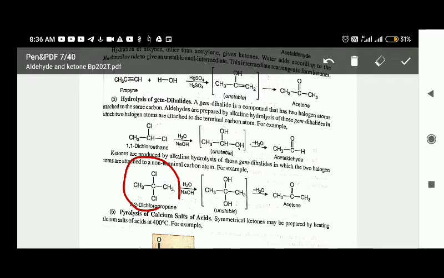So beta, you have to remember which reagent is used to prepare acetone. This can be asked: 2,2-dichloropropane, 1,2-dichloropropane, 1,3-dichloropropane. So four options would be there.